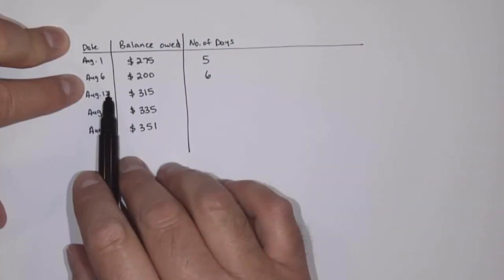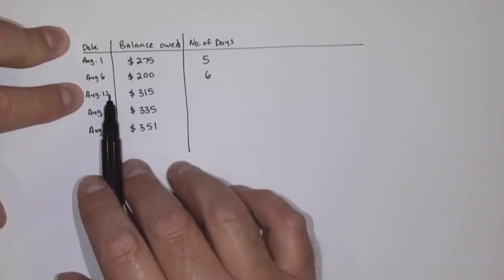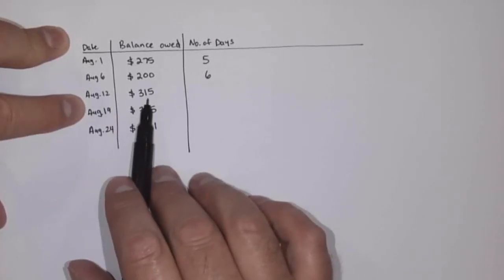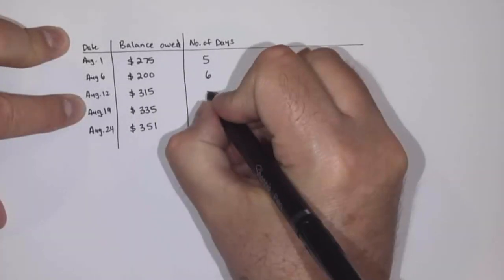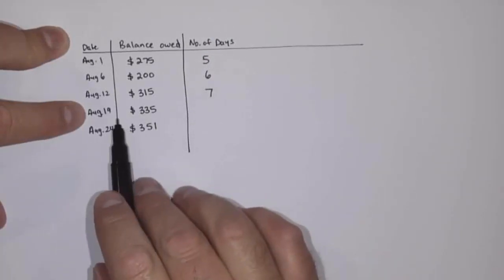So 6, 7, 8, 9, 10, 11. And then August 12th through 18th, we owed this balance of $315, and that is 7 days that we owed the $315.